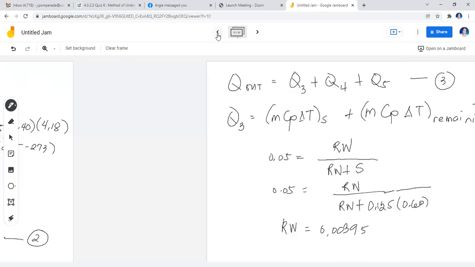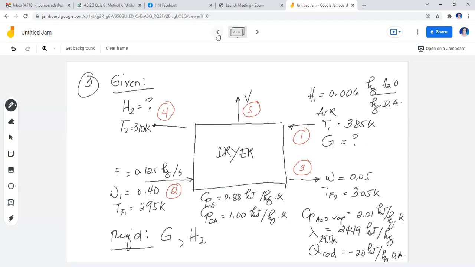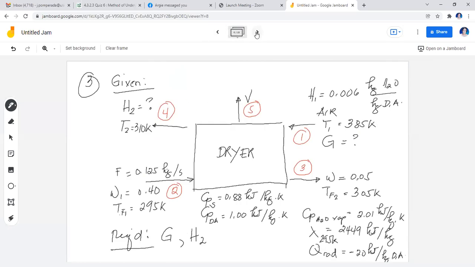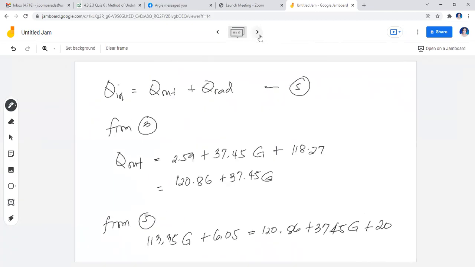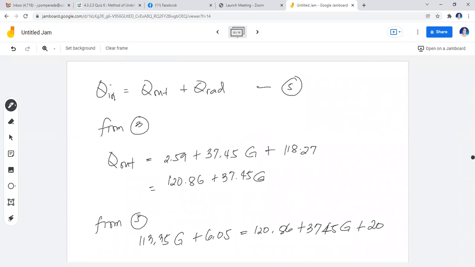Radiation loss is 20, but be very careful the way it's stated. Radiation loss is 20 per kilogram dry air. So that one needs to be multiplied by G. Not multiplying it by G will make your solution wrong because this is per kilogram of dry air.